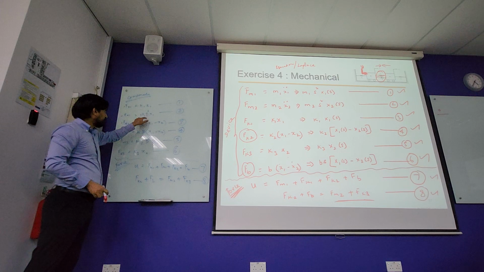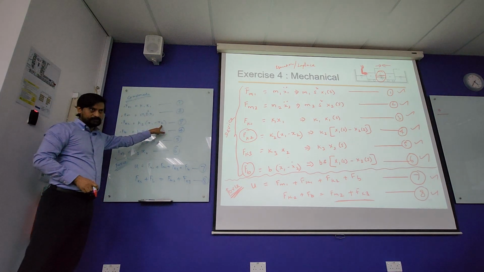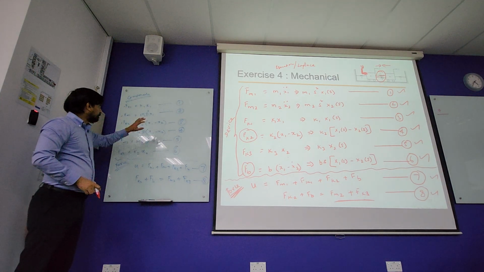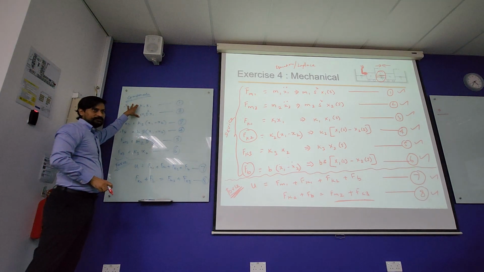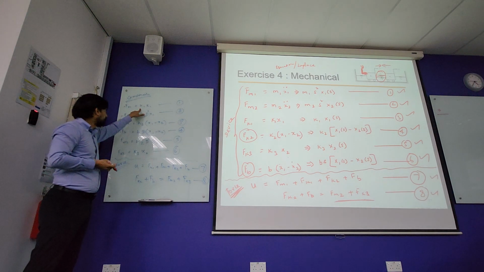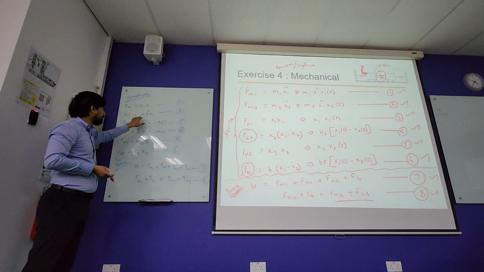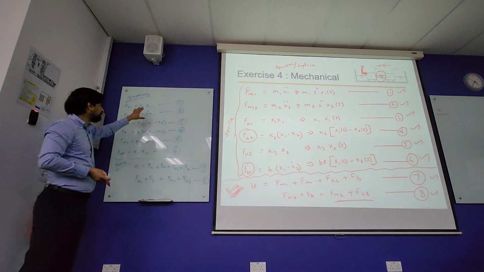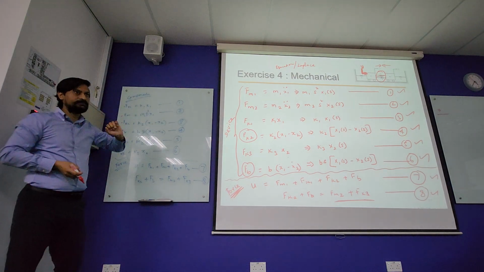Here is x1, here is x1 minus x2. Maybe I'll just take these two first. So x1 and just k1, and here is m d squared x1. These two components I can make first.